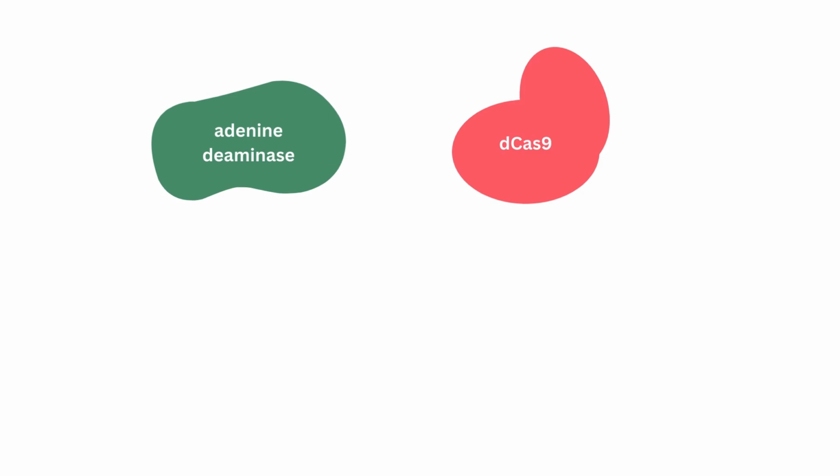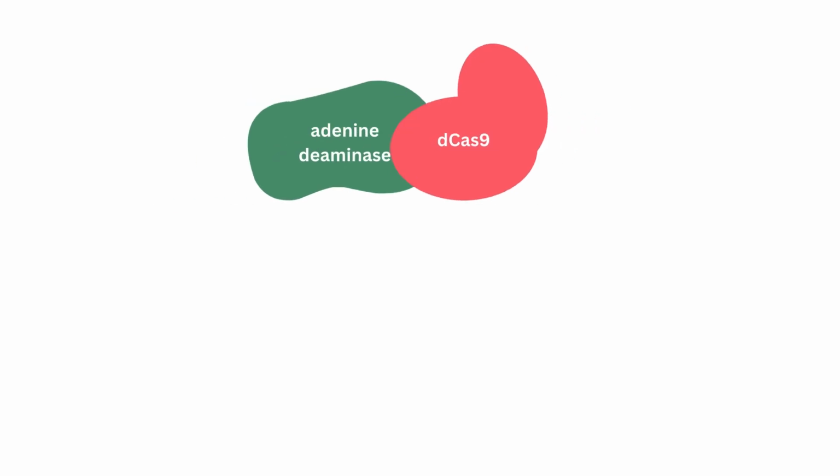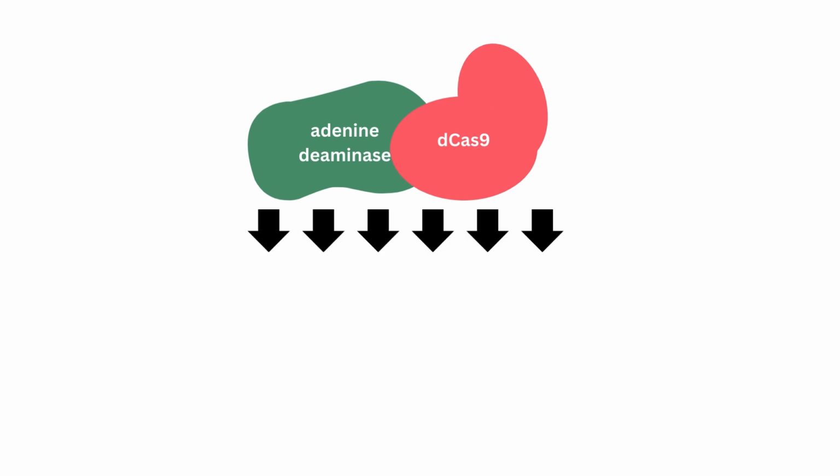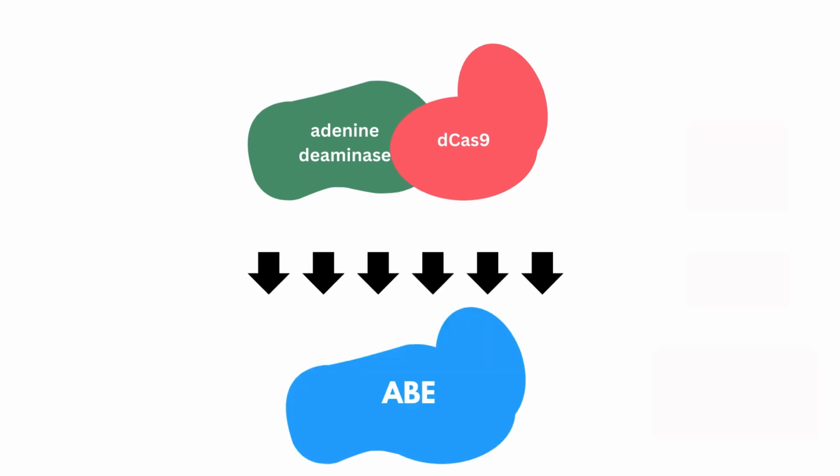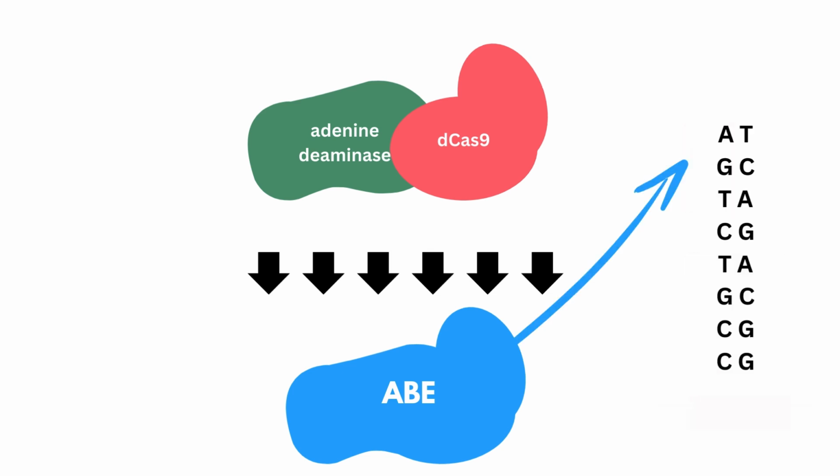They then fused this enzyme to an altered CRISPR complex known as dCas9, which carries a defective Cas9 protein unable to induce double-stranded breaks. It is, however, still capable of locating and binding to the target sequence. dCas9 can therefore bring its fused adenine deaminase to the target site, where the change from an A to a G can be catalyzed in a specific region of DNA.